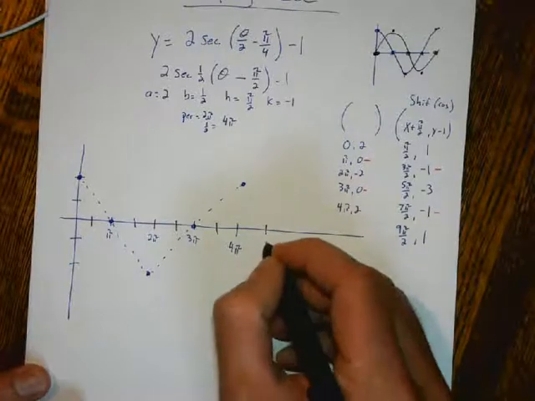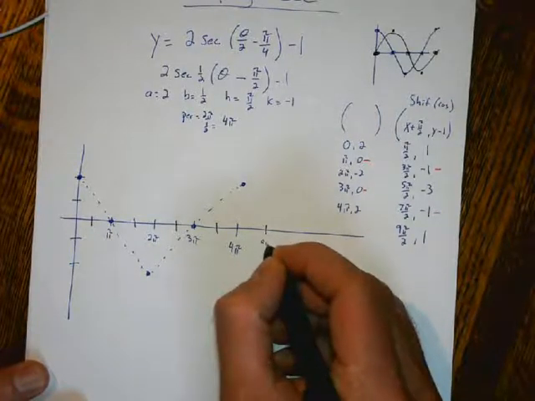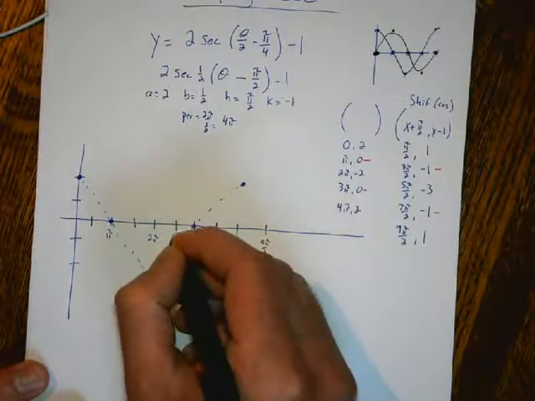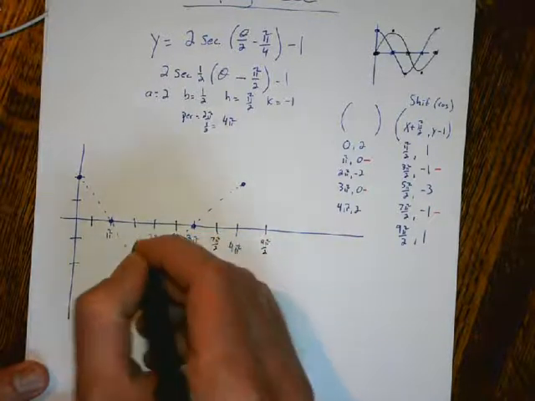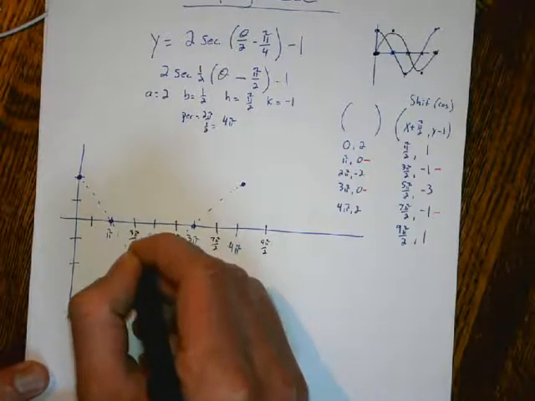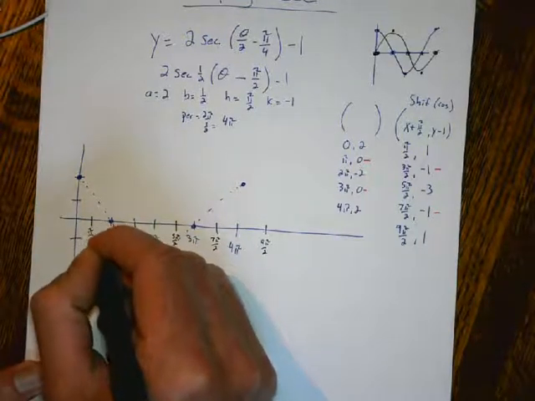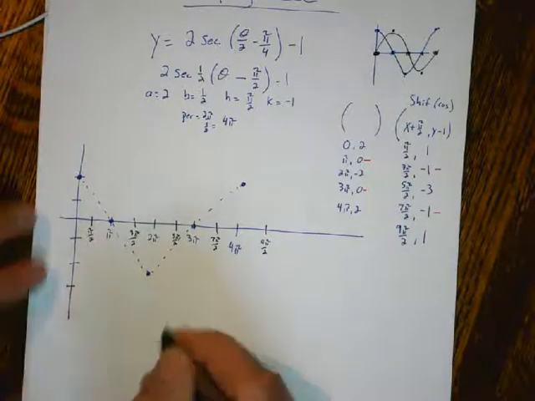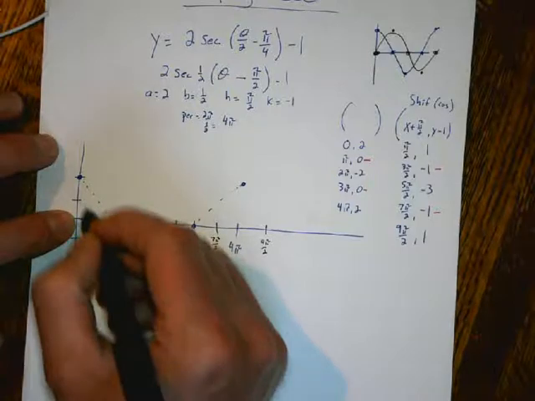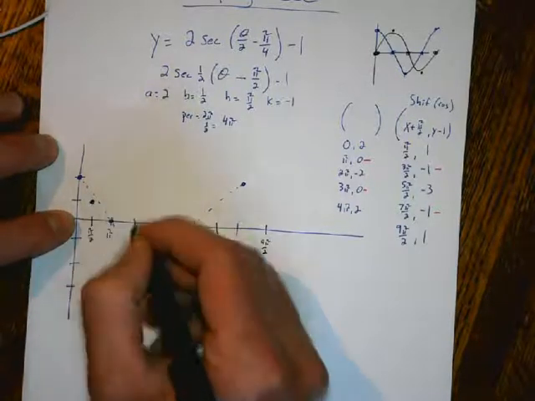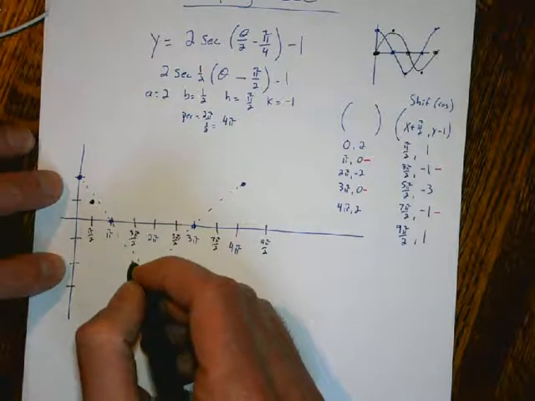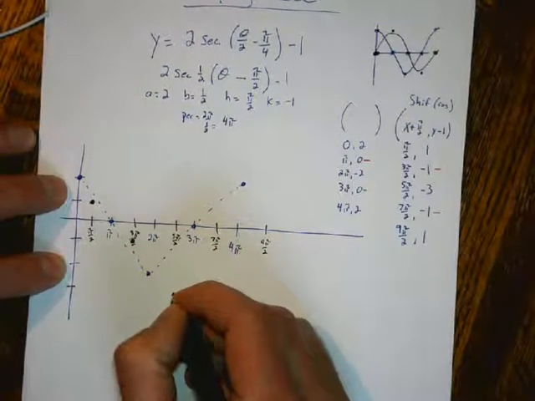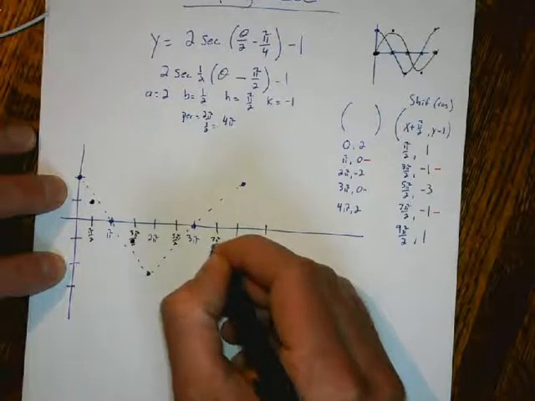And then we have our points: 9 pi over 2, 7 pi over 2, 5 pi over 2, 3 pi over 2, and pi over 2. We now have a lower value of -3, and we just go through the process again. At pi over 2, we're at 1. At 3 pi over 2, we are at -1, -3, -1, and back up to 1.